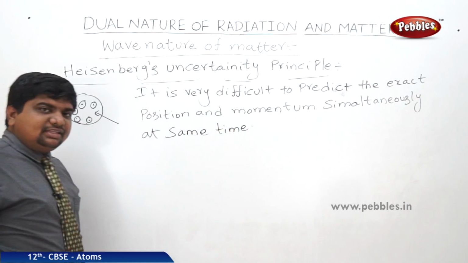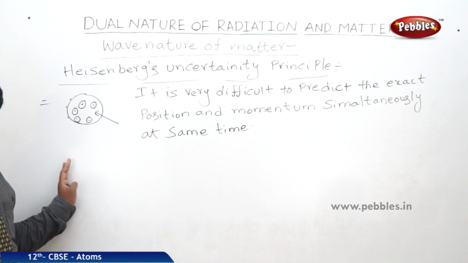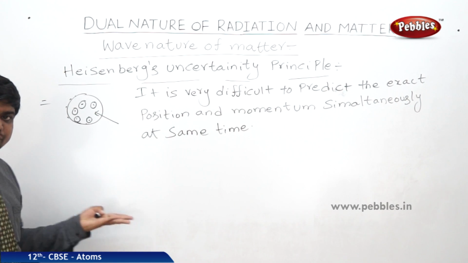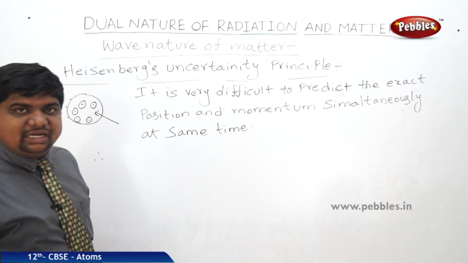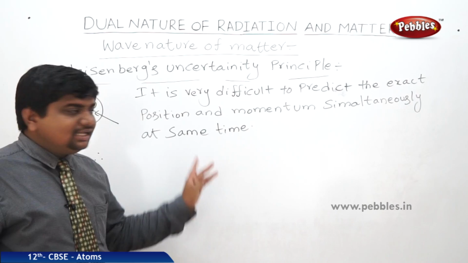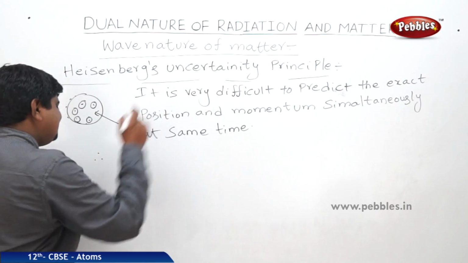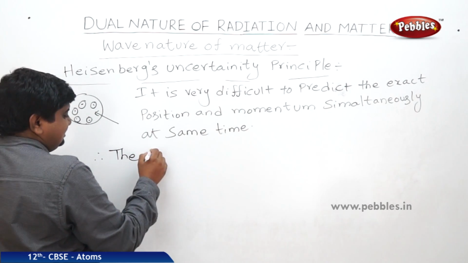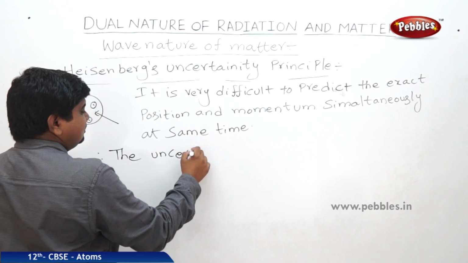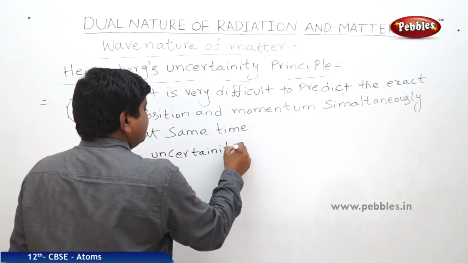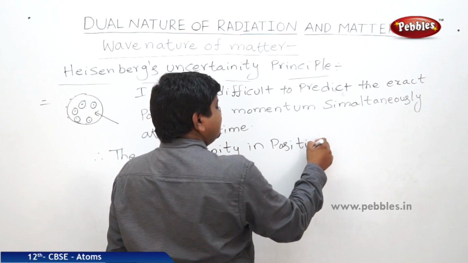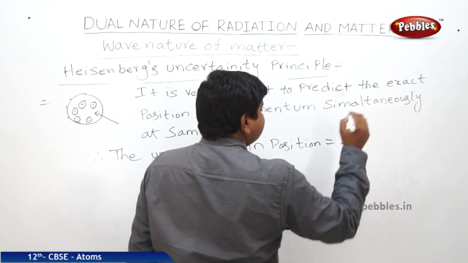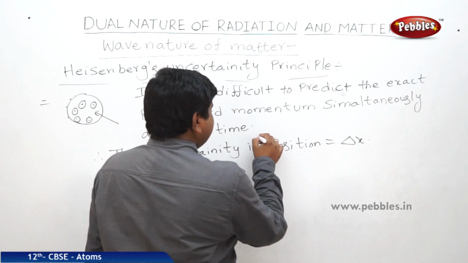So if you want to find the position, momentum dominates. If you want to find the momentum, position dominates. So there is an uncertainty in predicting these two things correctly at the same time. The uncertainty in finding the position is delta x.